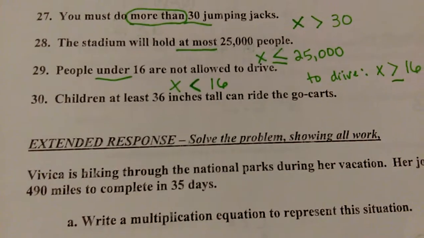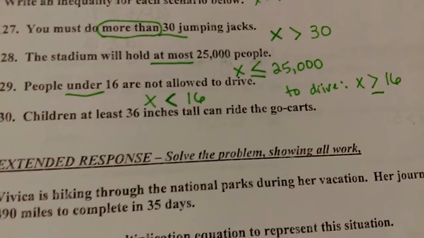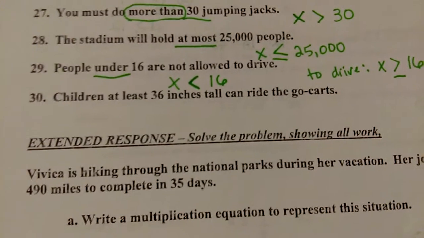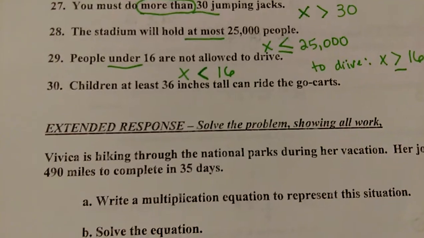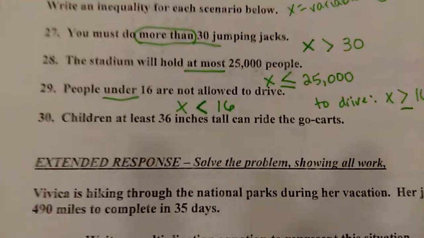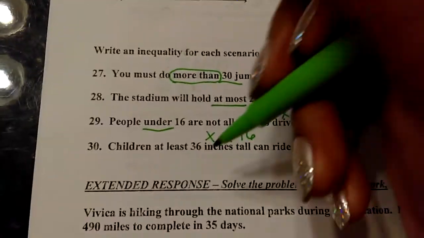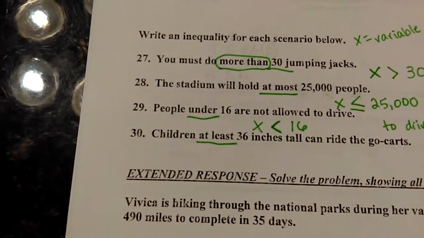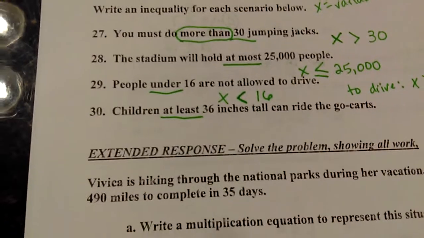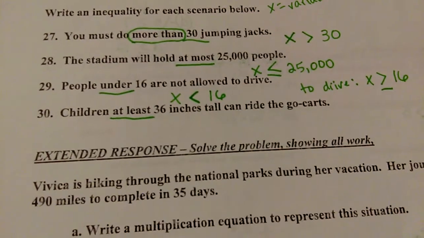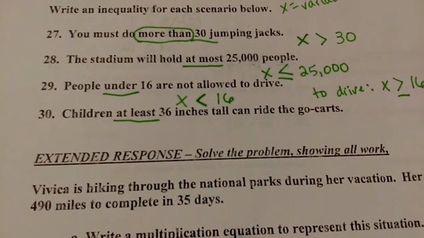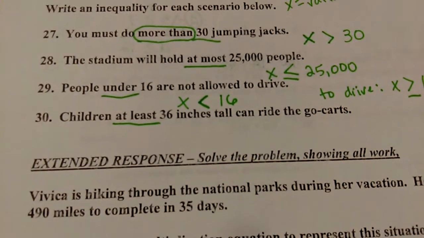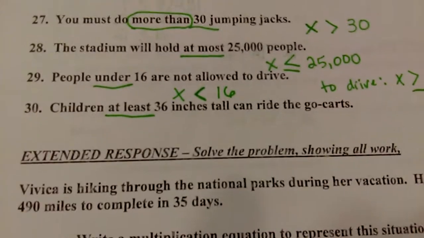All right, and number 30. Children at least 36 inches tall can ride the go-karts. So our key phrase here is at least. At least tells us that if I'm a child, I have to be 36 inches or taller in order to ride the go-karts, which is pretty cool.